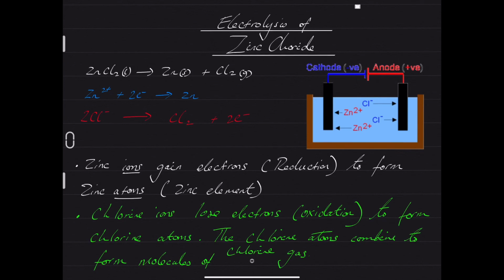Because chlorine is Cl2, just remember that, it's diatomic. So zinc ions gain electrons by process of reduction to form zinc atoms, which is zinc metal. Chlorine ions lose electrons by process of oxidation to form chlorine atoms. The chlorine atoms combine to form molecules of chlorine gas. Why? Because chlorine is a diatomic molecule. It does not exist as singular atoms.